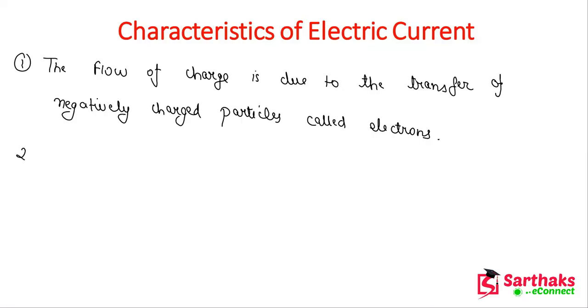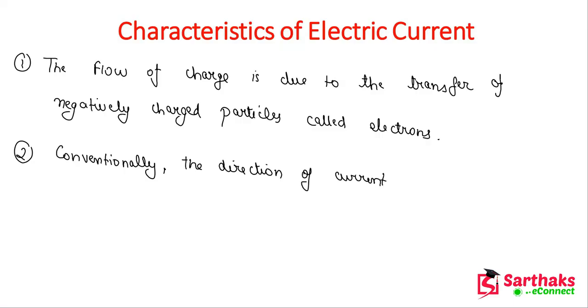Now the next characteristic is that conventionally the direction of current is taken as opposite to the direction of motion of electrons.